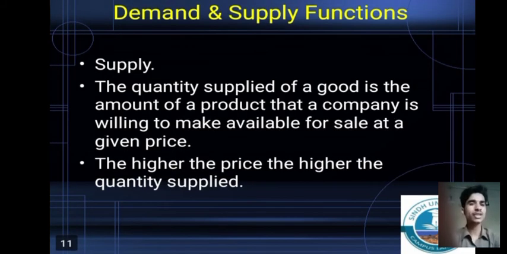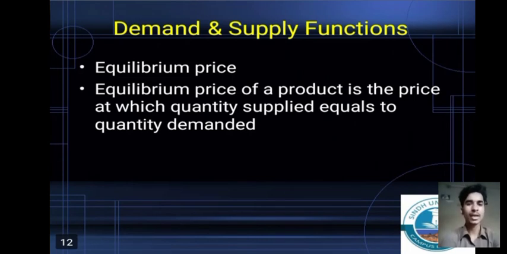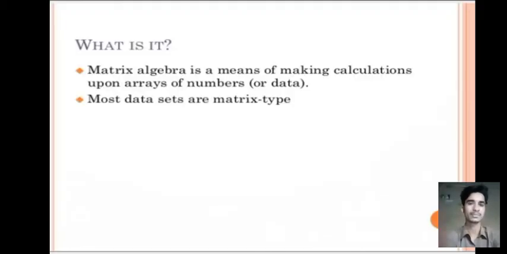Supply: the quantity supplied of a good is the amount of a product that a company is willing to make available for sale at a given price. The higher the price, the higher the quantity supplied. Equilibrium price. The equilibrium price of a product is the price at which quantity supplied equals quantity demanded.